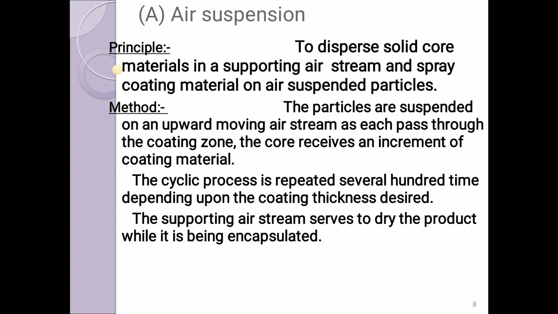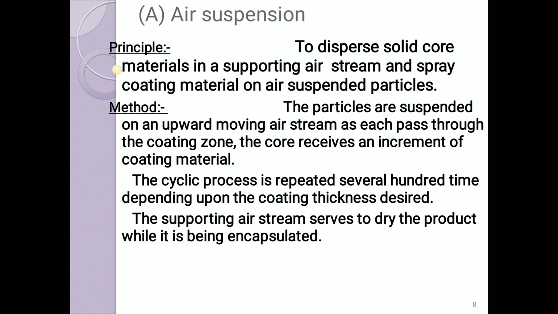As each particle passes through the coating zone, the core receives an increment of the coating material. That means the core receives the coating material layer by layer, increasing the thickness as per need, that is more thickness, less thickness, or intermediate thickness.